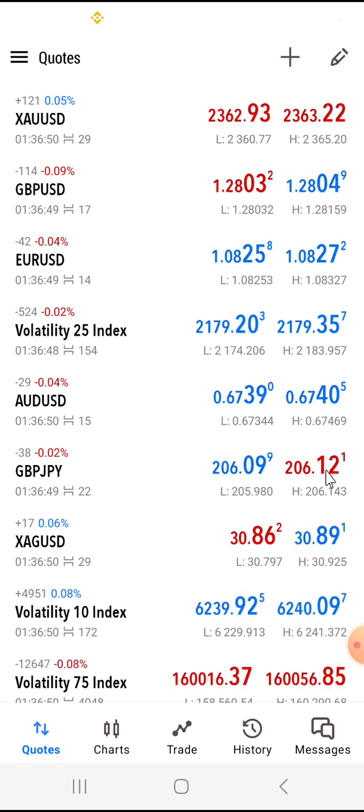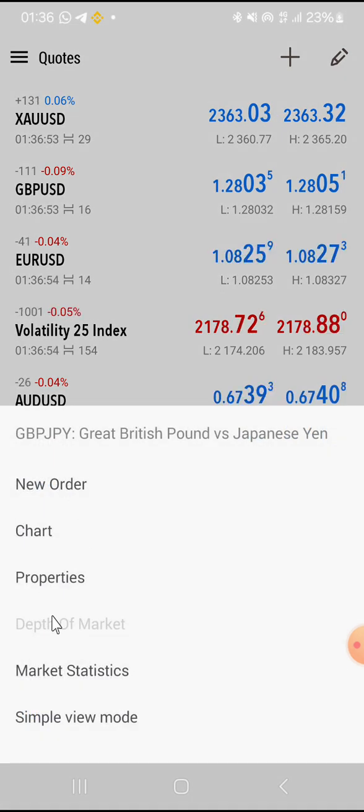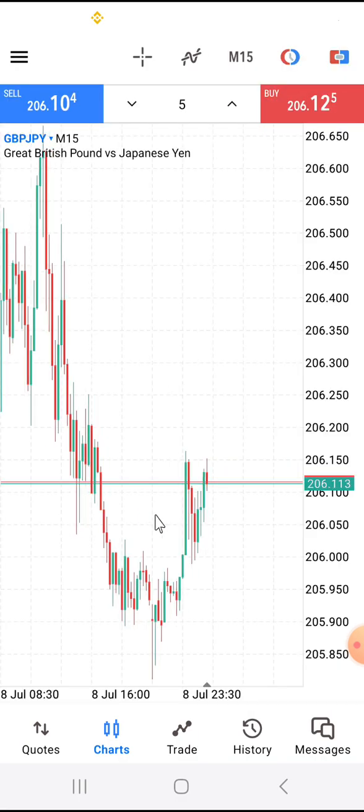Now the reason is, when you are placing a buy on GBP USD, for example. Okay, let's go to the chart. You are placing a buy on GBP USD. You realize that there are two lines here. So we have bid and then ask. Bid is the green line, and then ask is the top line.